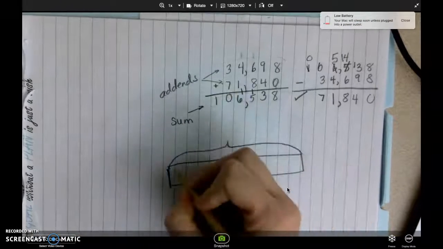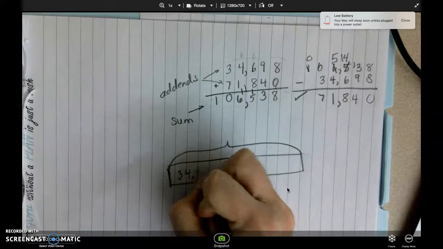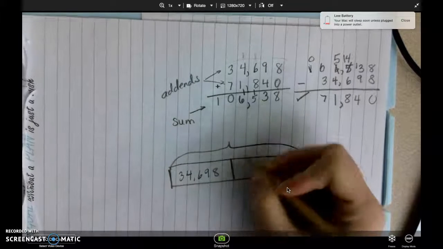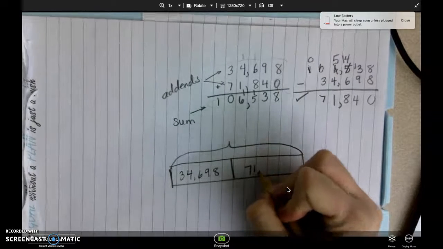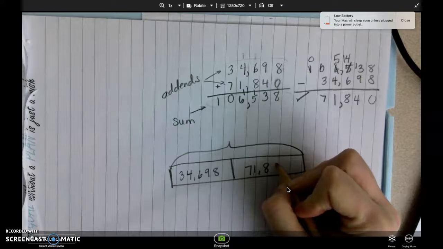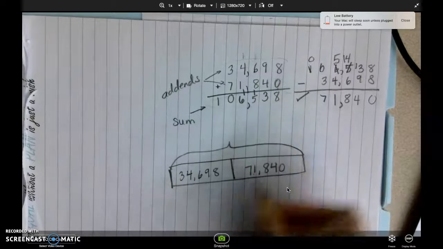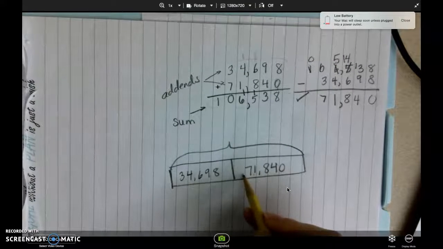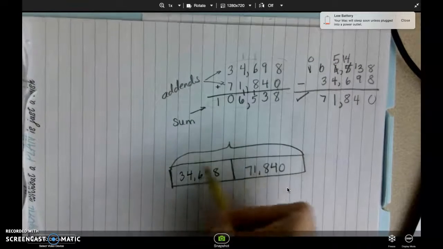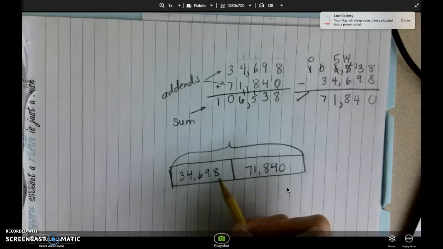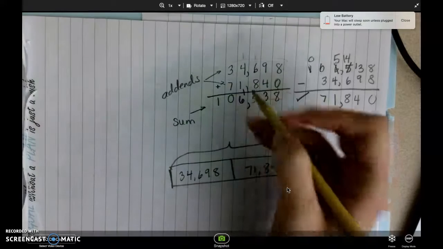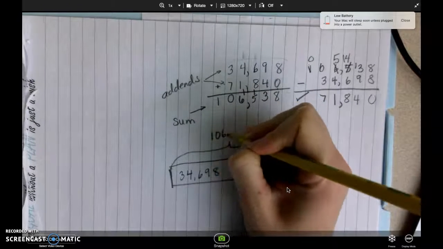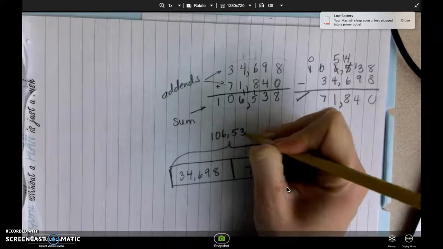My bees are 34,698, and my ants are 71,840. And so when I try to find the total, I need to make sure I'm finding the sum and adding these numbers. I've already done that, but in a word problem, I would need to solve.